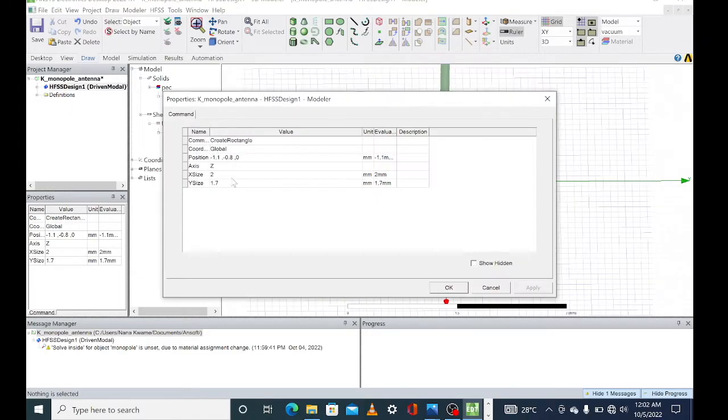Check the dimension. I want it to be at the origin before we do any adjustment. I'll choose an X size of, let's say, 20 with a Y size of 40.